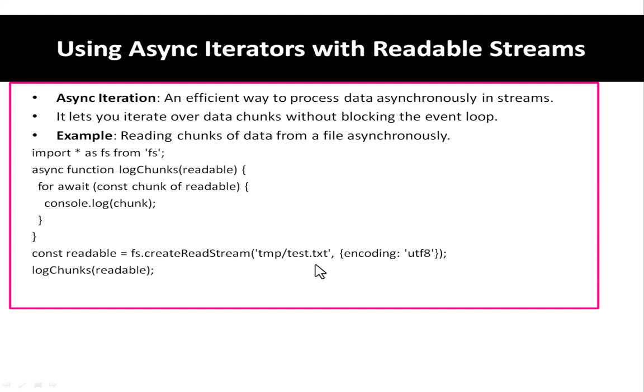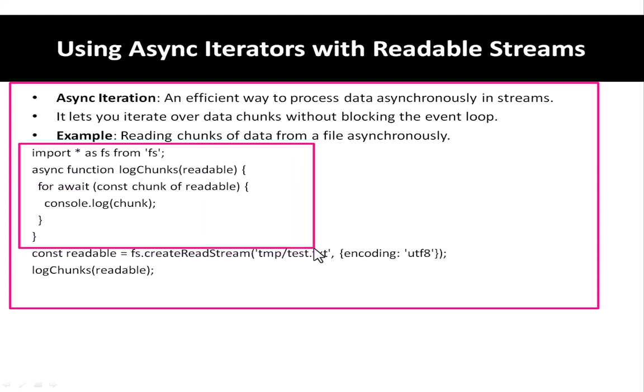Before that, we just used a require function in order to use the file system, and here we have declared an asynchronous function logChunks readable. For example, log messages will be given. Any error messages will be given, and here you can use an await function, constant chunk readable, and finally it is going to display the chunk of data.